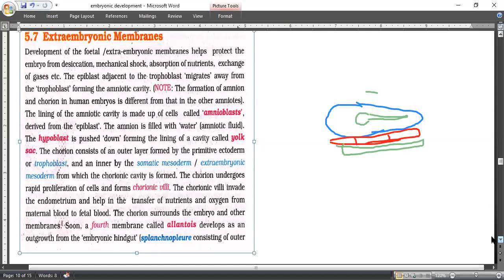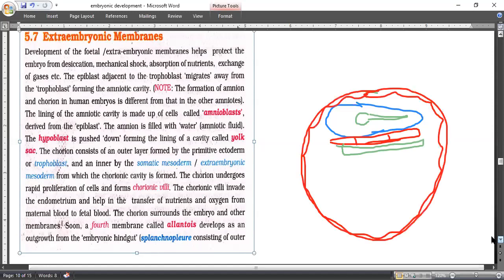Then one more left over is the blast cells; some still remain here. They are replaced here actually, but they are present here. So this is the full embryo that we are talking about.